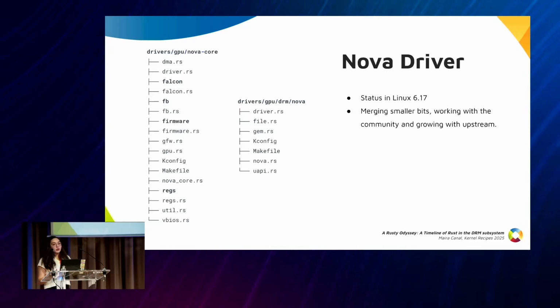This is really smart because when you are developing a huge driver like this only in downstream, and the Rust for Linux project is evolving quite fast, this will result in several rebases that we are going to have to do, and changes in API, all this stuff.